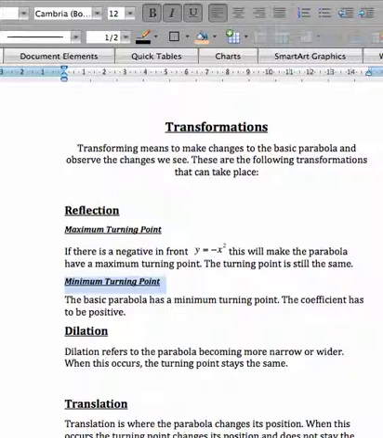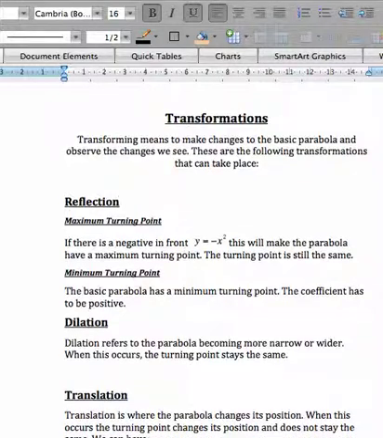If there is a negative in front of the x squared, as you can see in the equation, this is what makes a parabola have a maximum turning point. For a minimum turning point, the coefficient in front of x squared has to be positive.